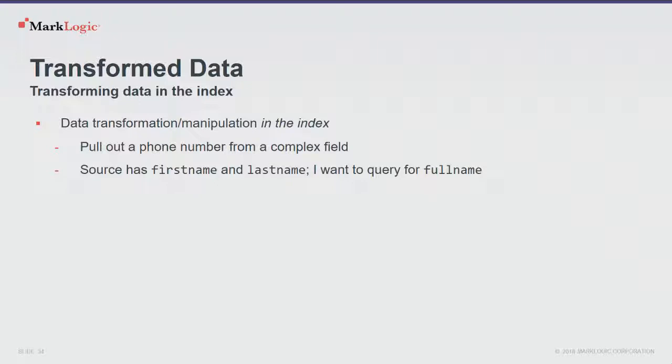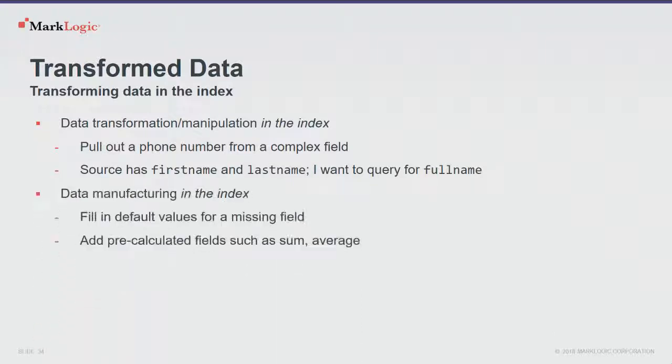I can actually break into the indexing process. So for example, pull out the phone number from a complex field. For example, the source has first name and last name, but I want the index to reflect full name so that I can query against full name. I can manufacture data in the index, so I can fill in missing values, default values. I can fill in pre-calculated values.